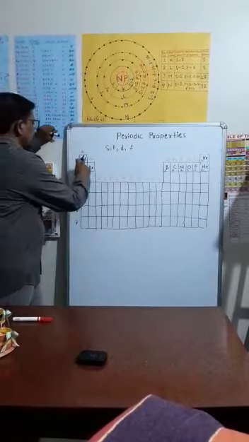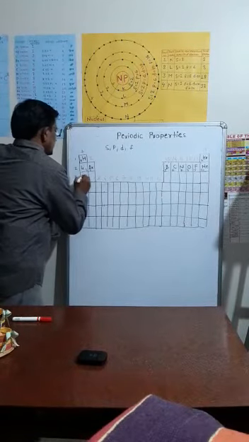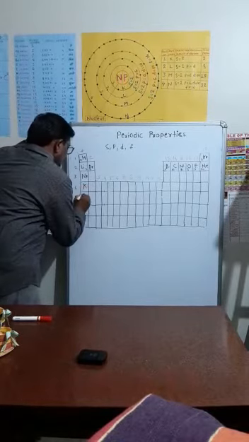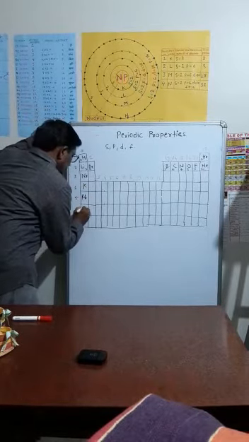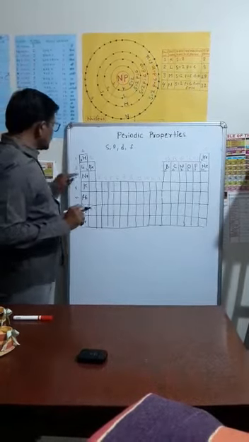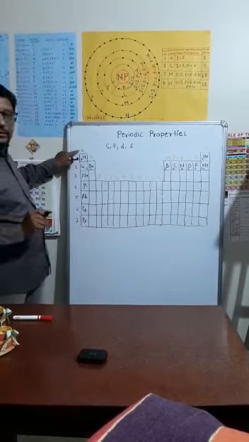Here are hydrogen, lithium, sodium, potassium, rubidium, cesium and francium in the first column.